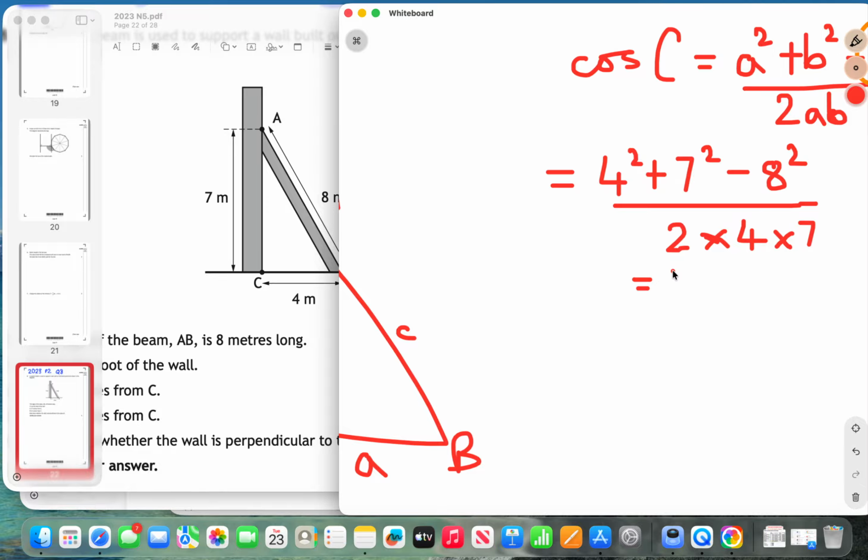And using the calculator, we get the value of 0.0178514.